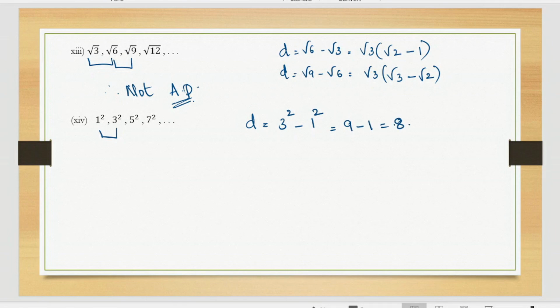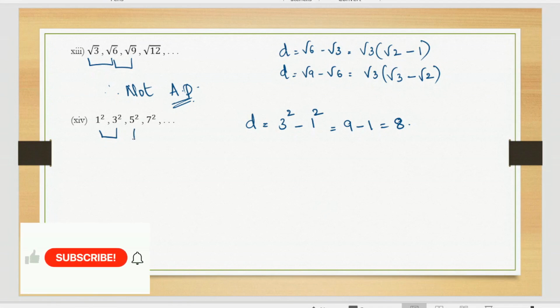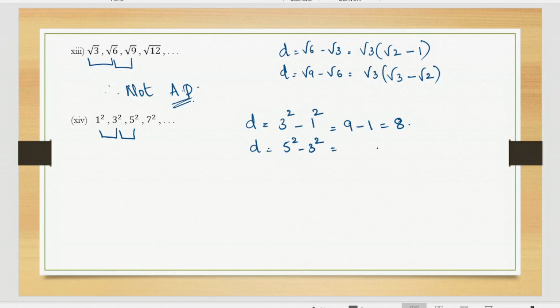And the common difference between 5 square and 3 square, that is 5 square minus 3 square, 25 minus 9, which is 16. So we can see the common differences are not the same, right? So it is not an AP.